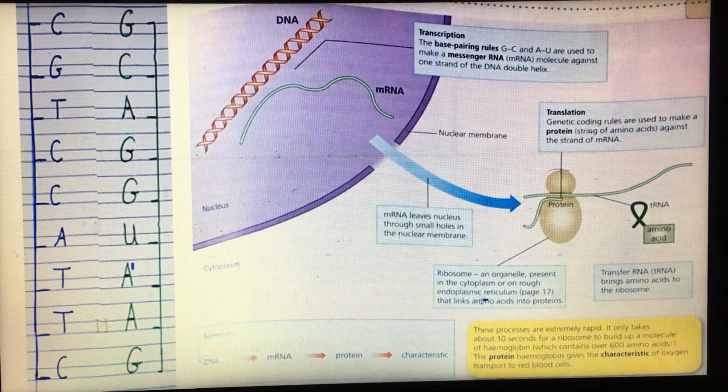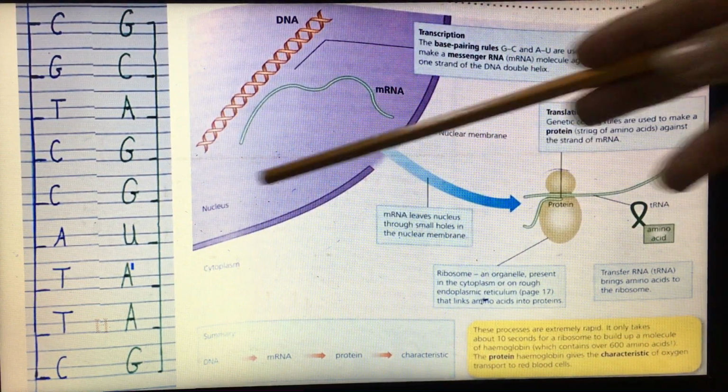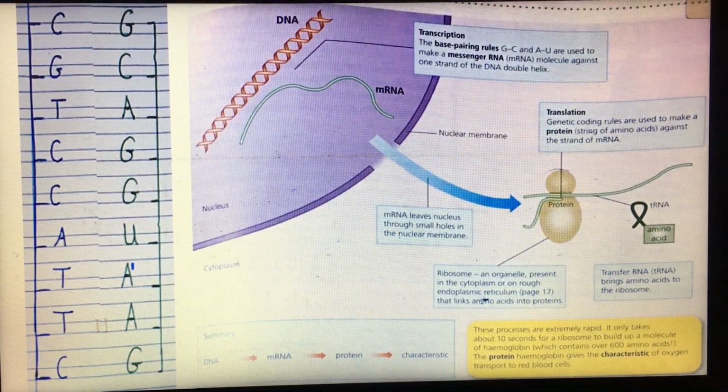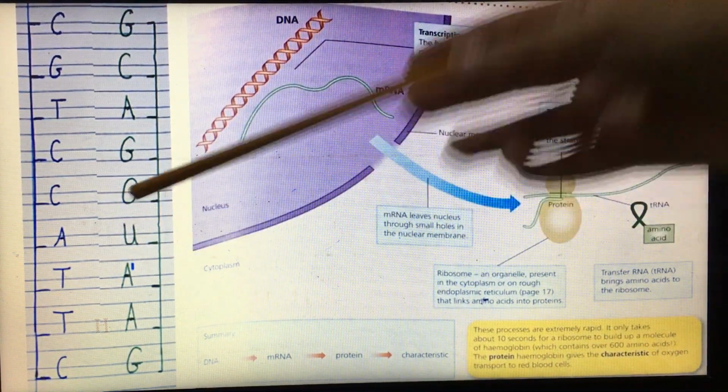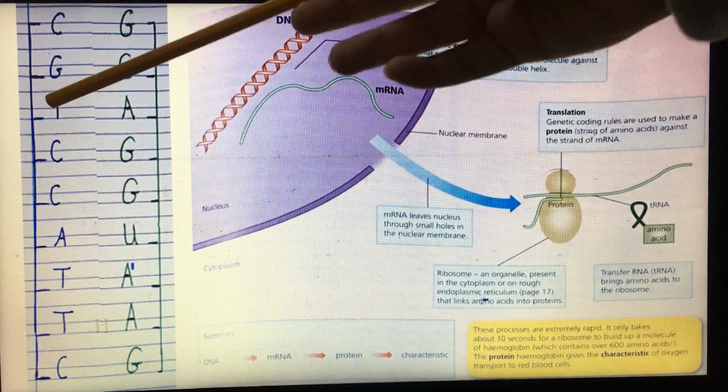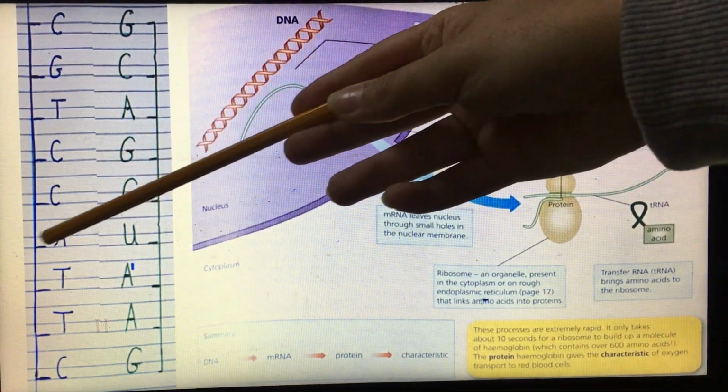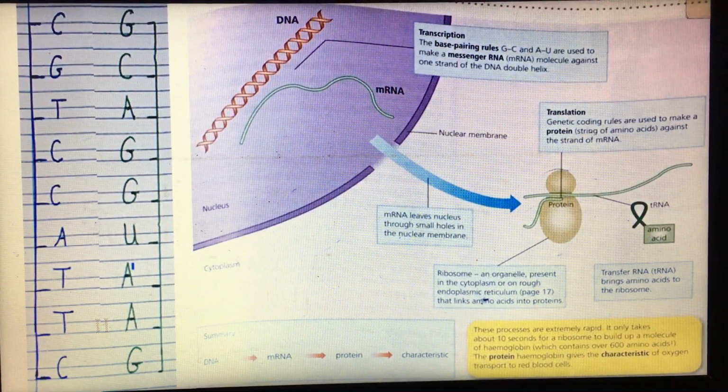So when we make mRNA inside the nucleus, that will change the thymine base into uracil base. So instead of each T, that will connect with U. So A connects with T in DNA, but in mRNA, A will not connect with T, it will connect with U, which is uracil. So this is my messenger RNA.